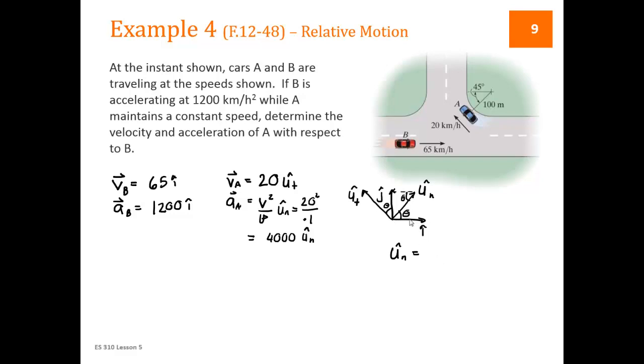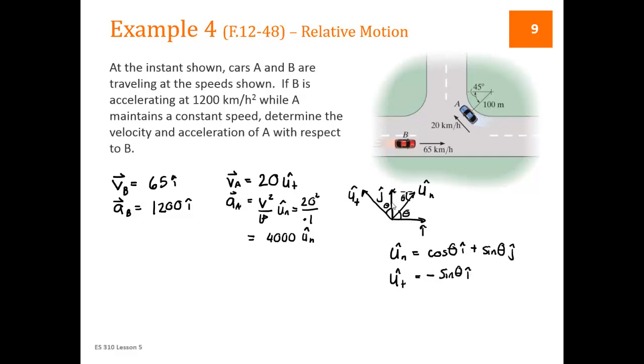That would be cosine theta in the i hat, because it's adjacent to the angle. And it's got this much of it in the j hat, which is opposite the angle, so plus sine theta j hat, both positive. ut is going to equal, the i hat is going to be negative, and it's opposite the theta, so negative sine theta i hat.